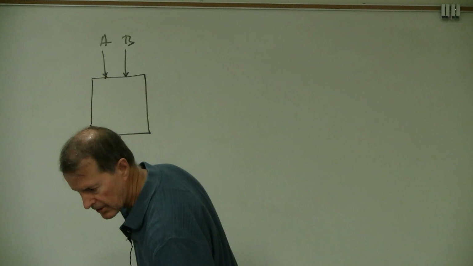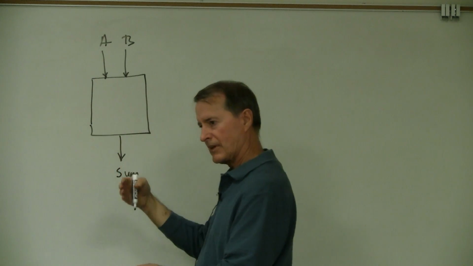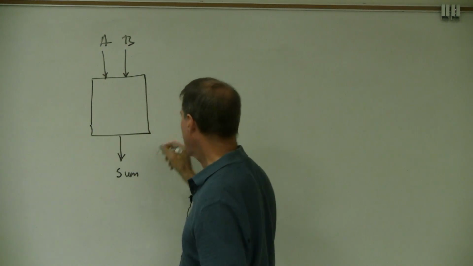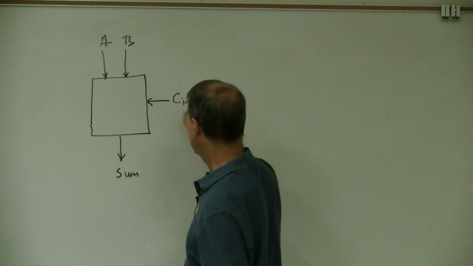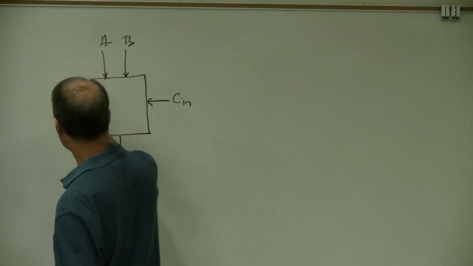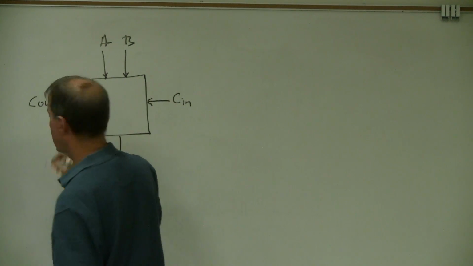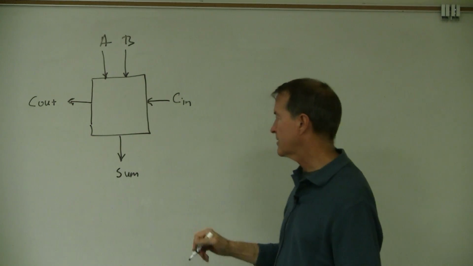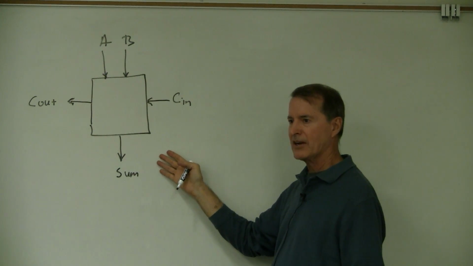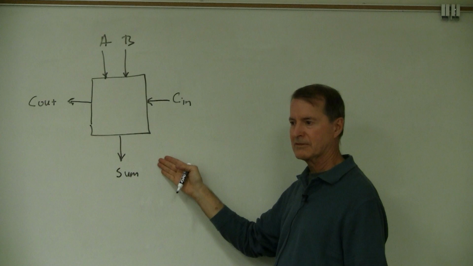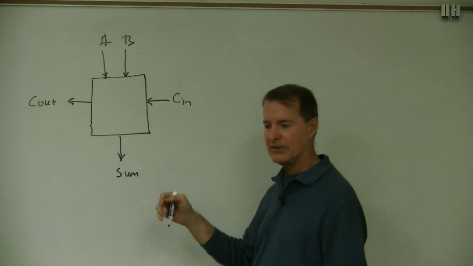Because the carry propagates to the left, we're going to call this C in, and then we'll call this one C out. Does everybody agree that this is what the block diagram of a full adder should look like? Are we good? Is this all very logical?